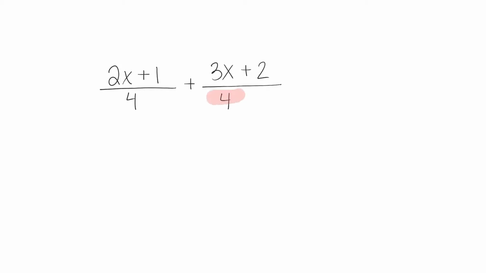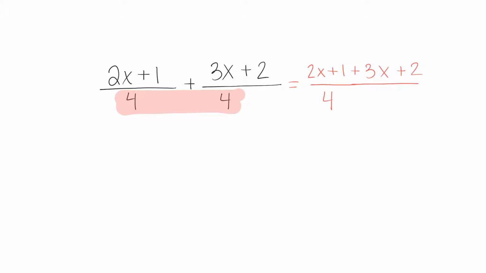What if we throw a little wrench in this? What if we have 2x plus 1 over 4, and we're going to add to that 3x plus 2 over 4. Now it looks more complex, but stick with our rules. We have a common denominator. That means that our answer has to have that same denominator, 4. We're going to add these. This is the same as having 2x plus 1 plus 3x plus 2.